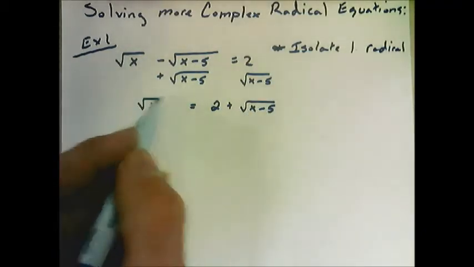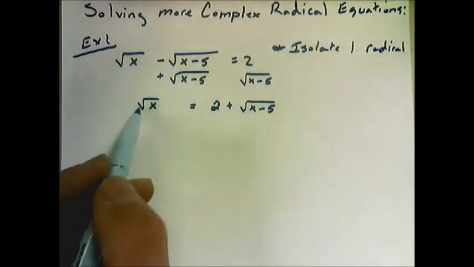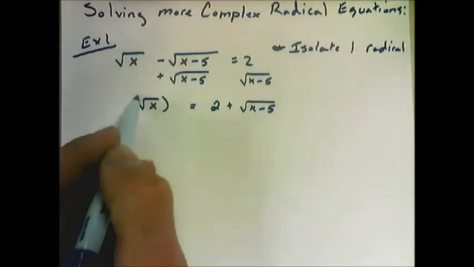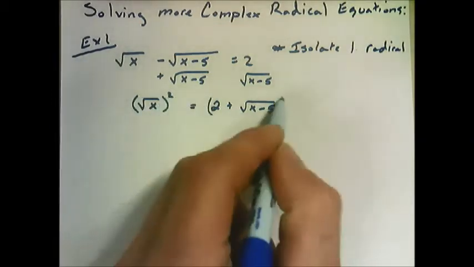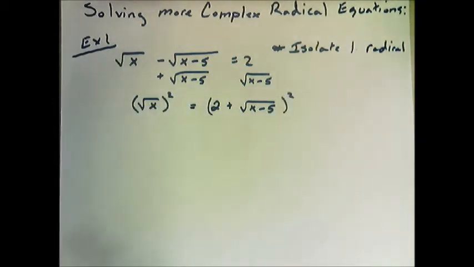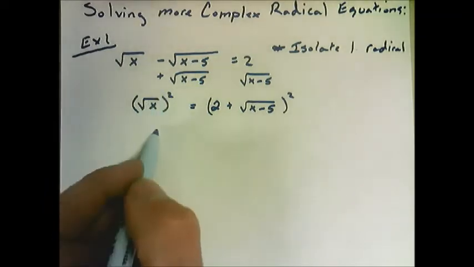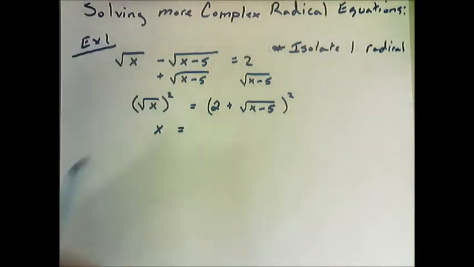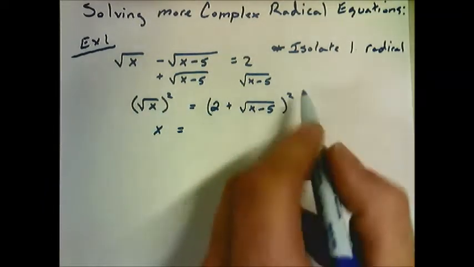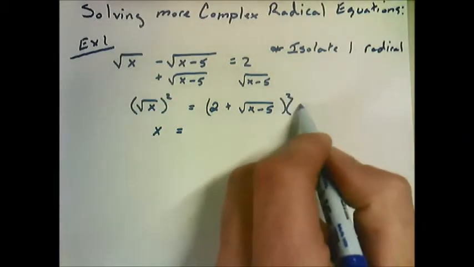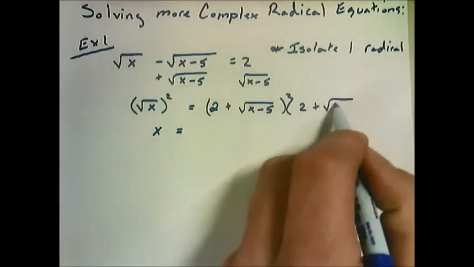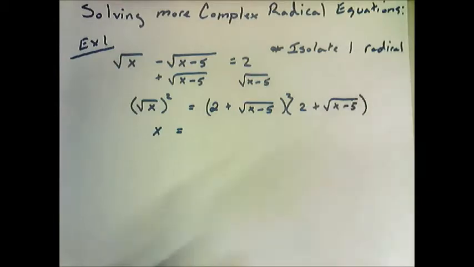Now I can go ahead and square both sides. And what that's going to do is remove the square root on the left side. So if I square this, I'm going to have to also square the right side. So the square root of x squared is x equals, here if I square this out, remember the square means I have two of them, so I have 2 plus the square root of x minus 5 times 2 plus the square root of x minus 5.